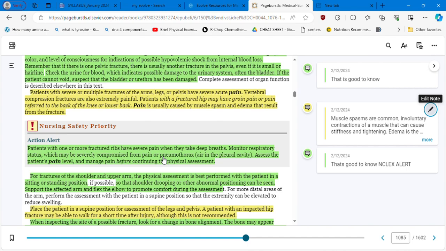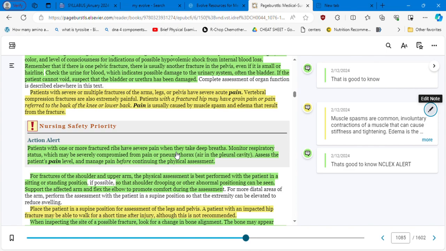NCLEX alert. Patients with one or more fractured ribs have severe pain. So the text is giving you an analysis of fractures in different areas, right? The hip, the femur. Right now they are talking about the ribs.